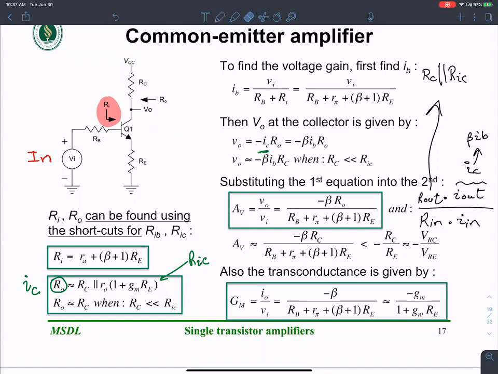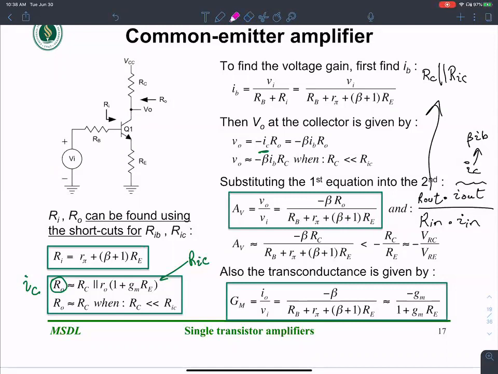The bottom line is that if you know RIB, RIE, RIC, the internal resistances looking into the base, the emitter, and the collector, then you can calculate R output and multiply that by I output. So calculating the gain is a simple matter of V output over V input, that's the gain.